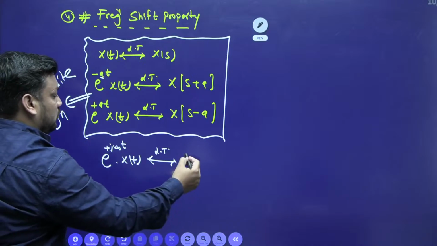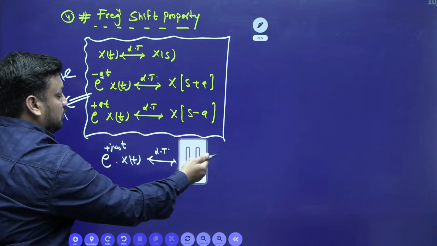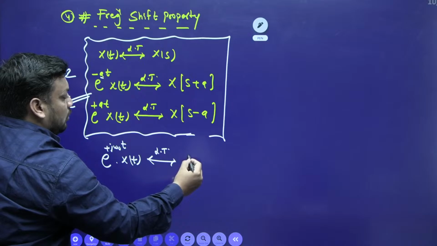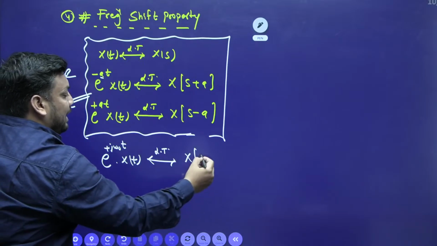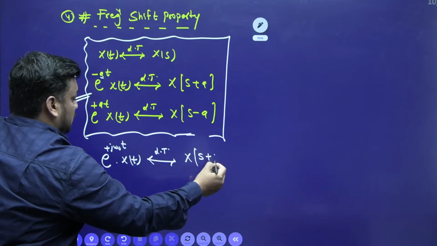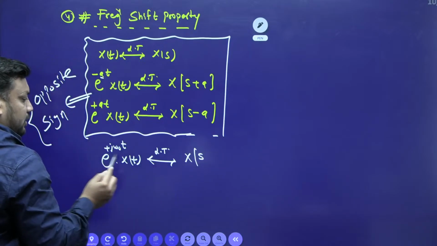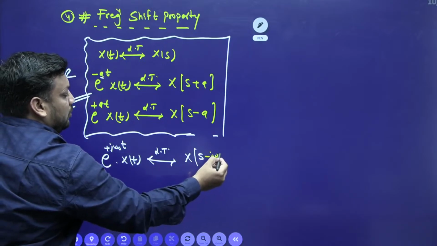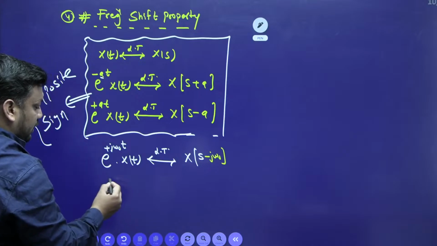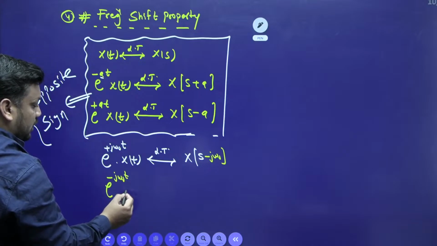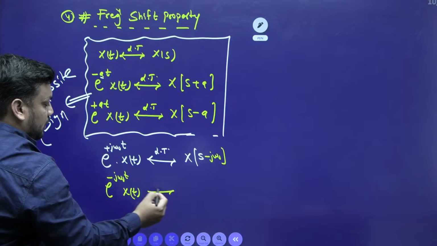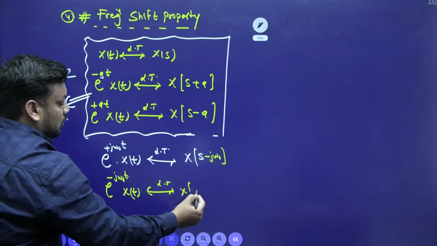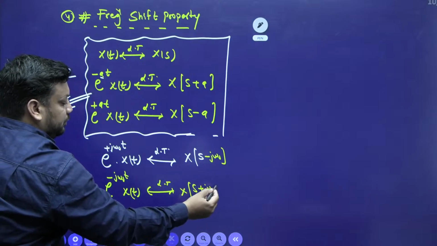Its Laplace transform is nothing but x of s minus j omega 0, because plus sign is here, so opposite sign. Similarly, if I write e to the power minus j omega 0 t into x of t, its Laplace transform is nothing but x of s plus j omega 0.